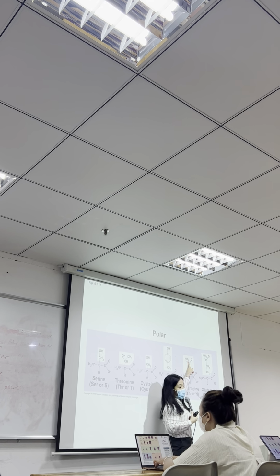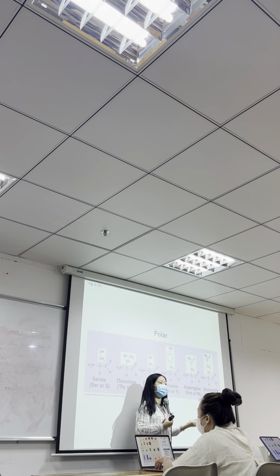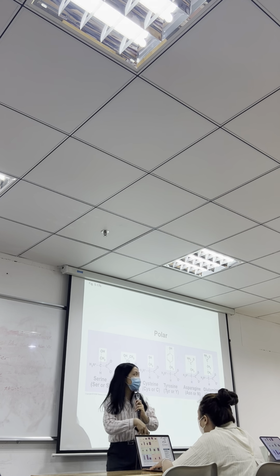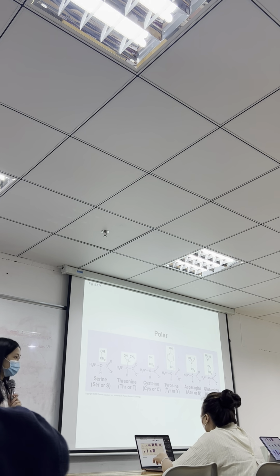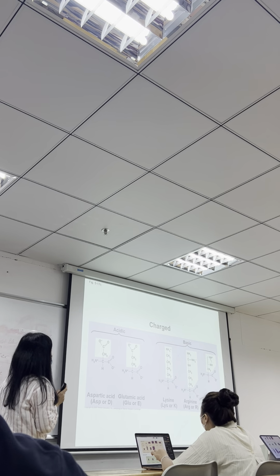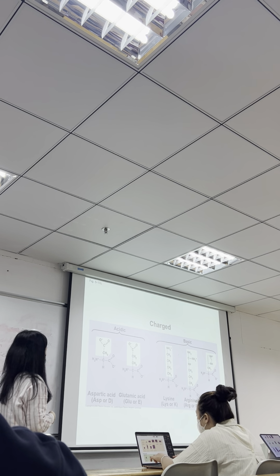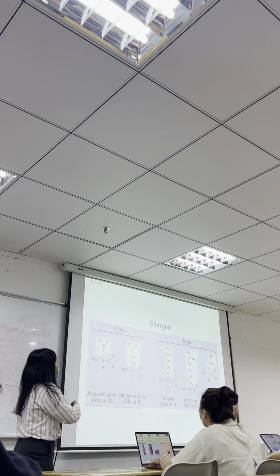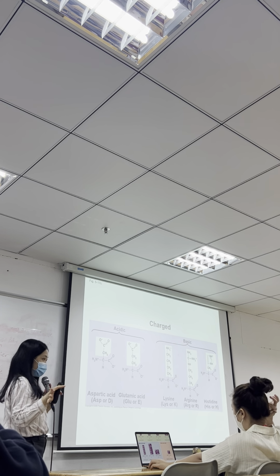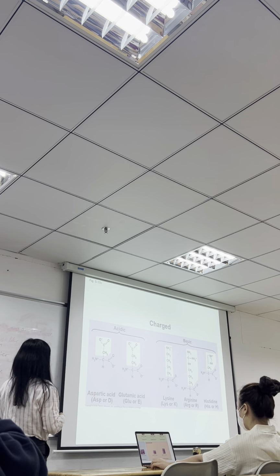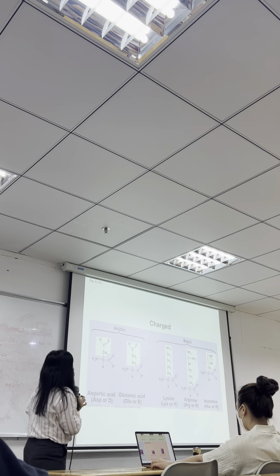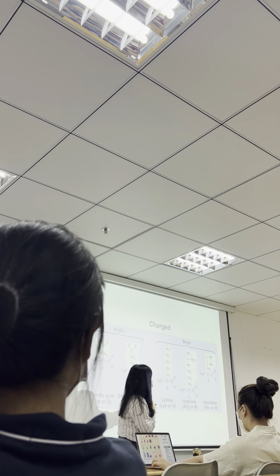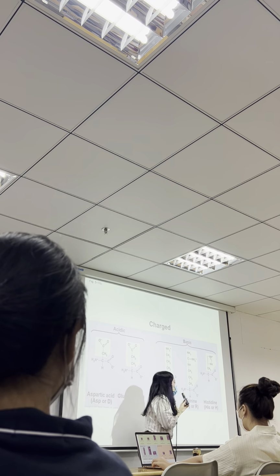NH2 is also polar because nitrogen has stronger electronegativity than hydrogen. So that's why we call this group polar amino acids. Charged means this group can be acidic or basic amino acids. Acidic amino acids include aspartic acid and glutamic acid, and basic amino acids include lysine, arginine, histidine.